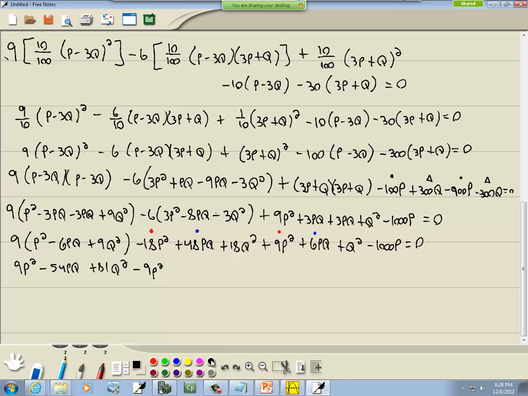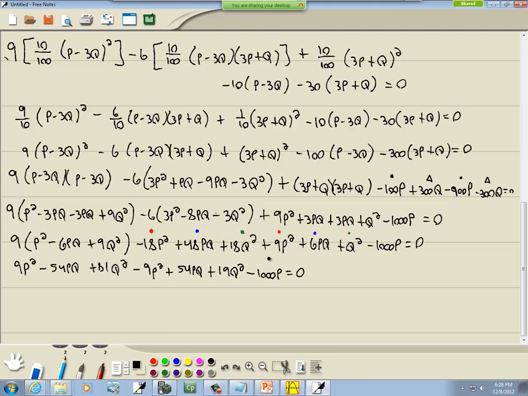That gives us 54pq. Here's 18q squared plus q squared, 19q squared, minus 1000p equals 0.